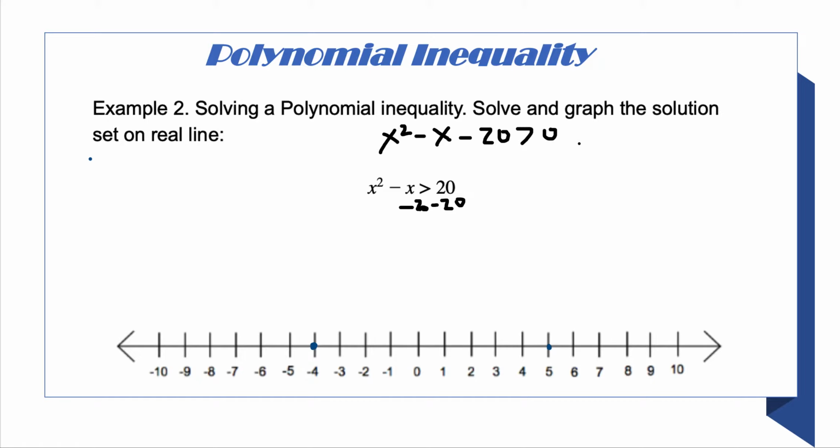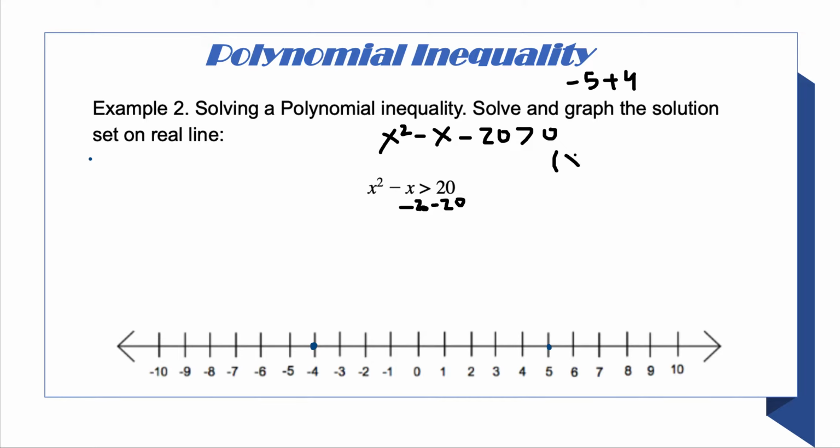Negative 20 has two factors, because I want to see if I can factor. Negative 20 I can write as minus 5 times positive 4, and minus 5 times positive 4 is negative 20. Minus 5 plus 4 is minus 1, so it satisfies the criteria for factoring this quadratic inequality.